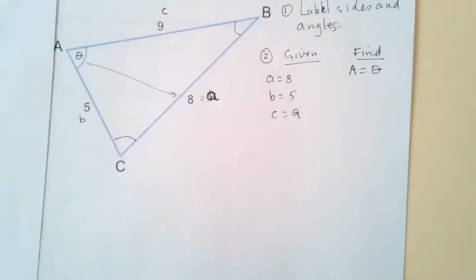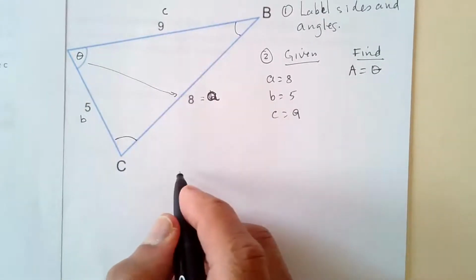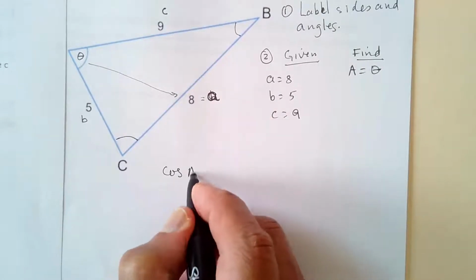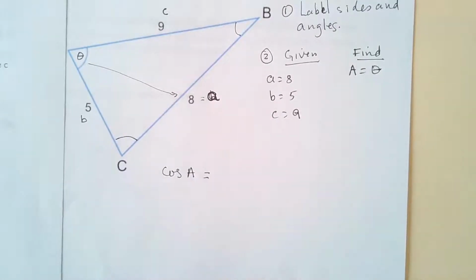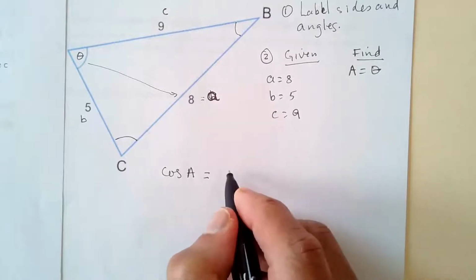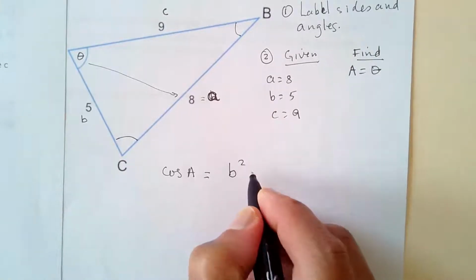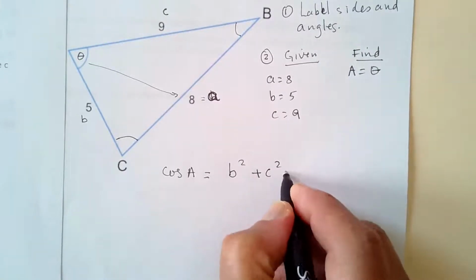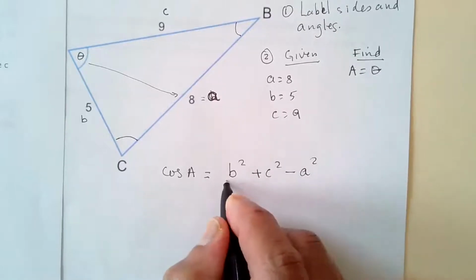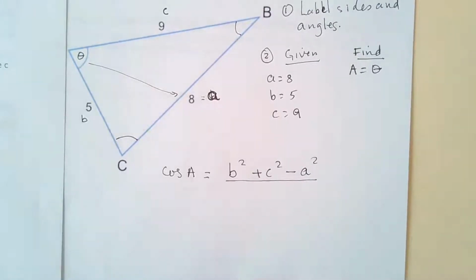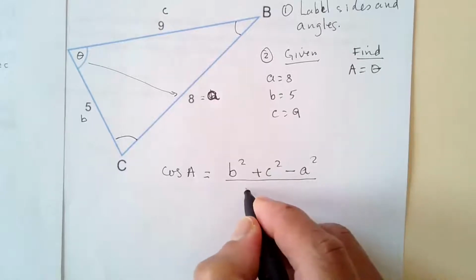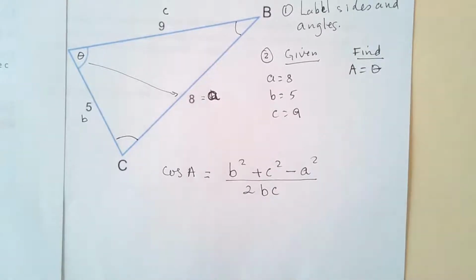So I'll write it down. Cos A equals b squared plus c squared minus a squared divided by 2bc.